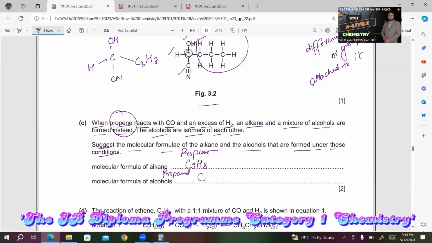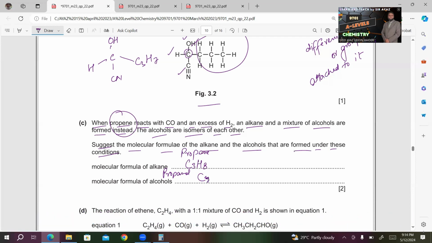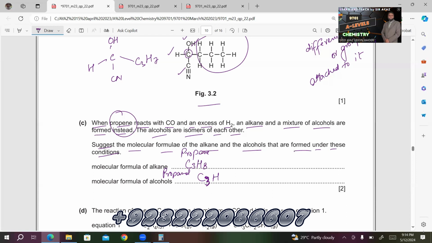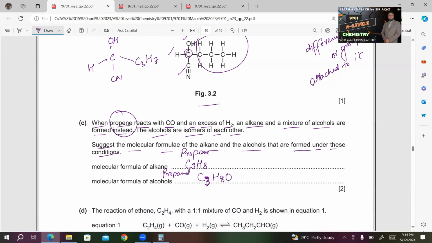Formula must be C3H8O. This must be propanol.